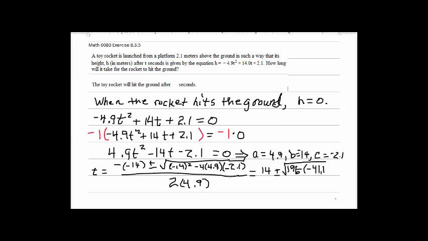So that double negative turns into a positive. This is all over 9.8.